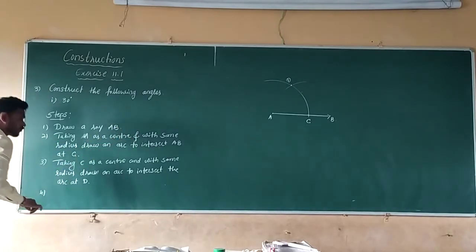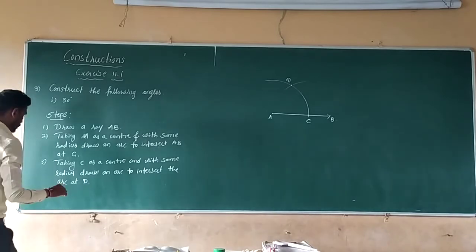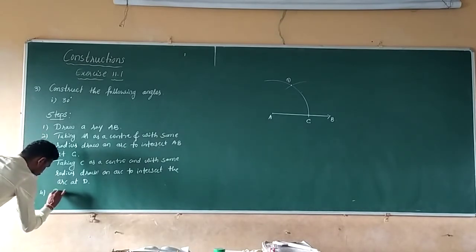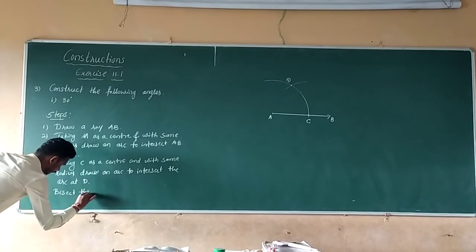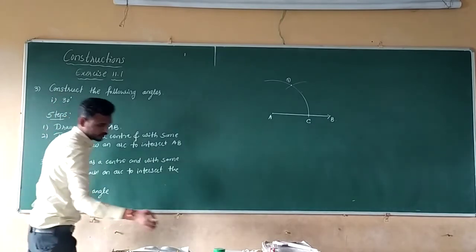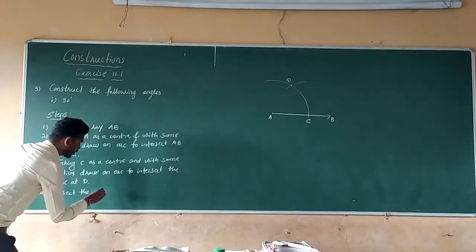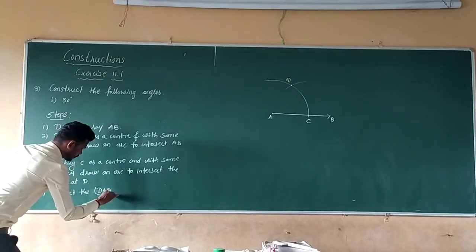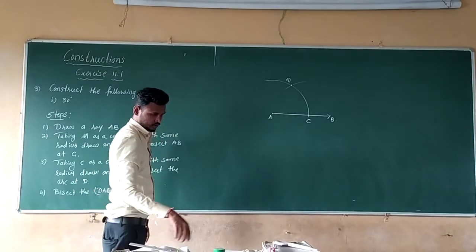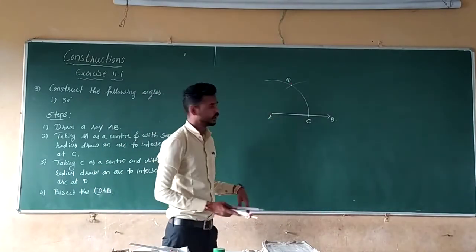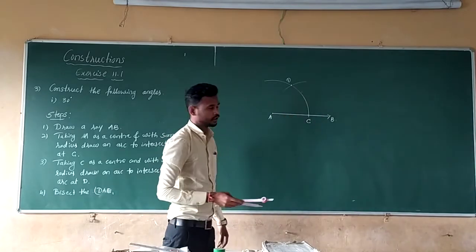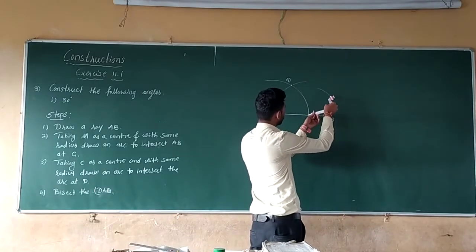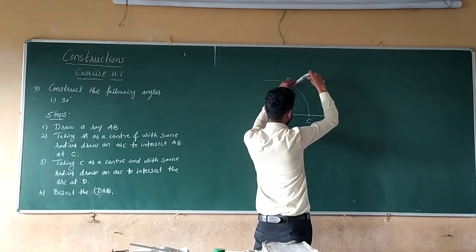Now fourth one, bisect the angle DAC. Draw the two arcs with C and D as centers.